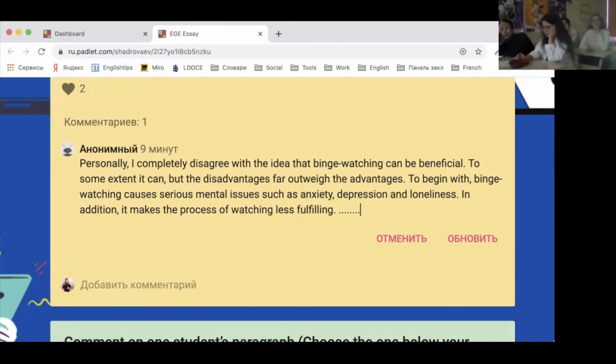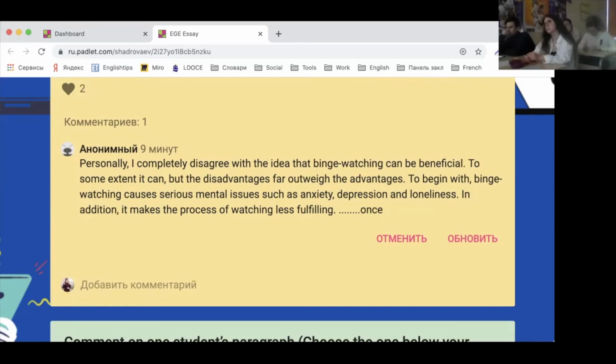It's less fulfilling. What's the problem with it? You remember it was in the article about some corns. If you watch a series in one go, in one sitting, you get emotions only once. So you kind of lose these emotions, excitement and amusement about the series.